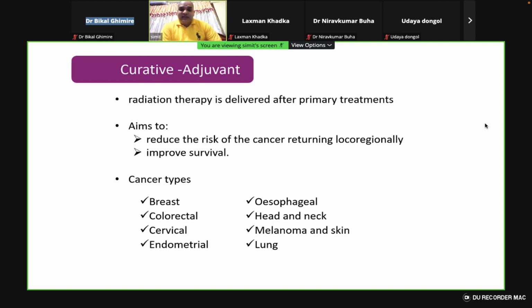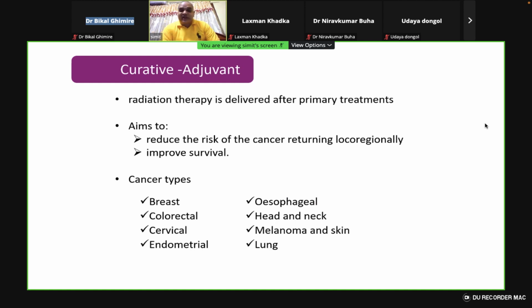Adjuvant is when radiation therapy is delivered after primary treatments. I think it's very important for the resident to know what these different terms are, like definitive, adjuvant, neoadjuvant, salvage, because we have to use the right term every time. It shows our intent, what type of treatment we are going to deliver.